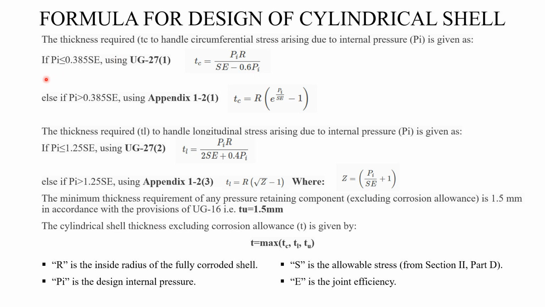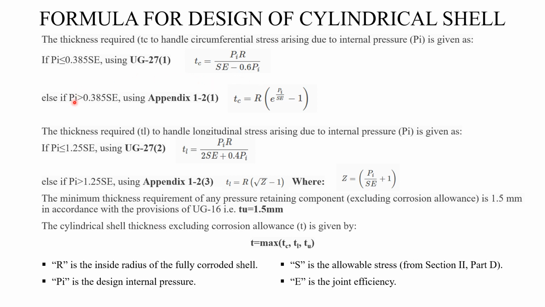Here you have a condition. The condition is that your internal pressure should be less than or equal to 0.385 times S times E, the allowable stress and E. Check this factor. If your internal pressure is less than this value, then you go with this formula.